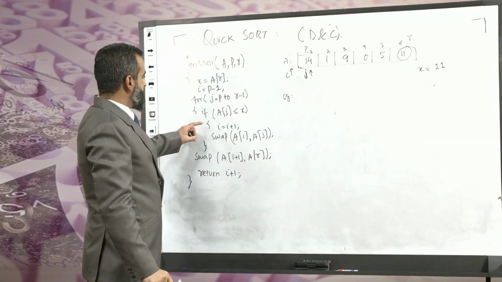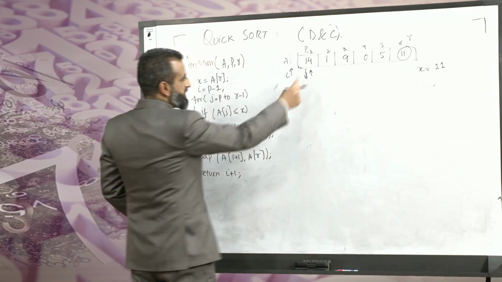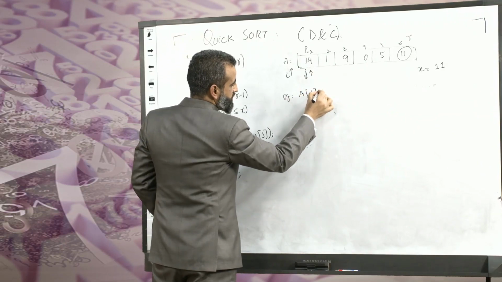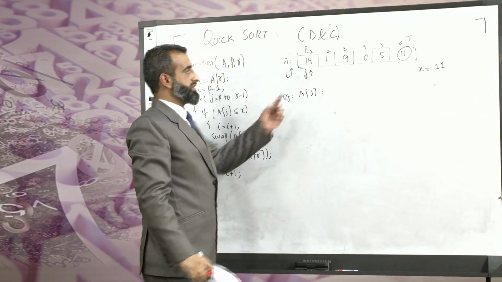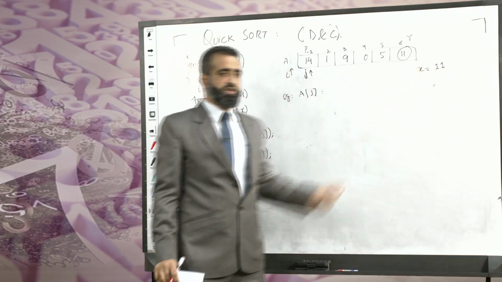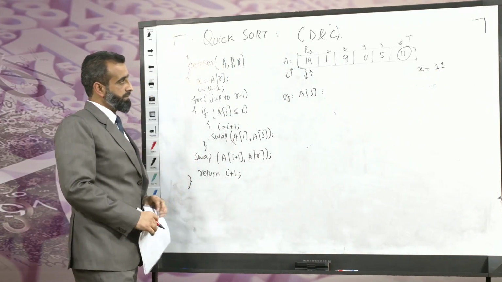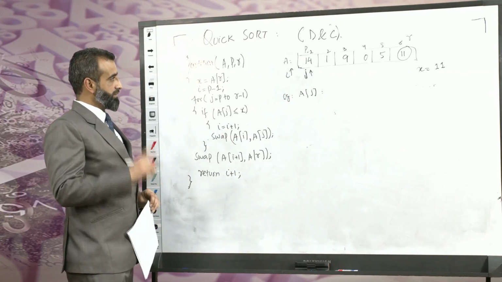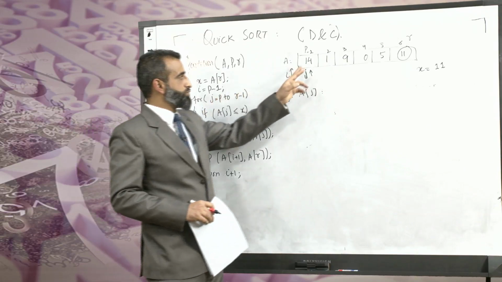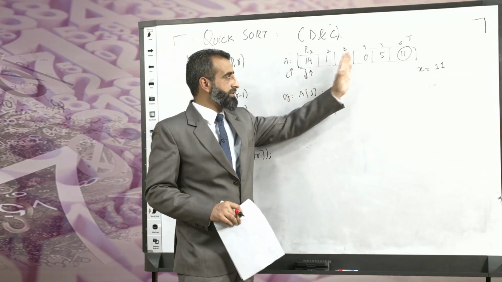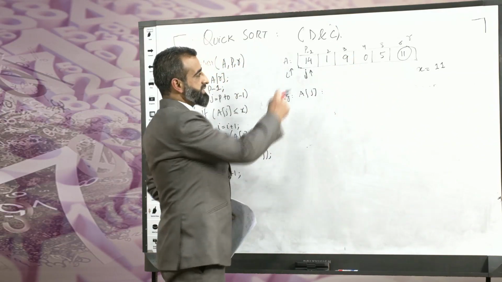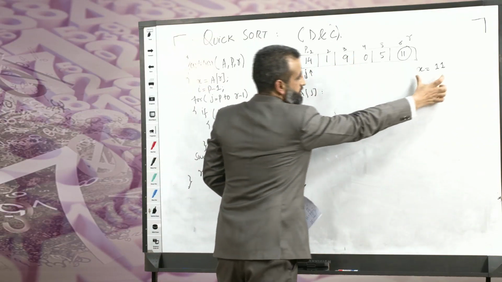What we need to do over here is compare this A of J, whatever J is pointing towards at one point of time, with my X. It's important to understand this. I'll emphasize this particular point. The job of this J pointer is to point towards all the elements that are there in the given array, and each such element will be compared to the pivot element.